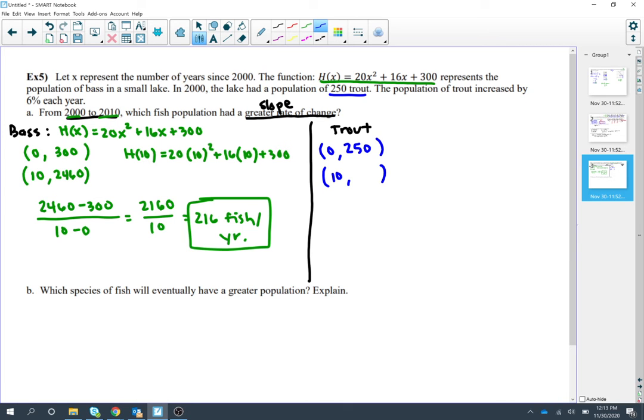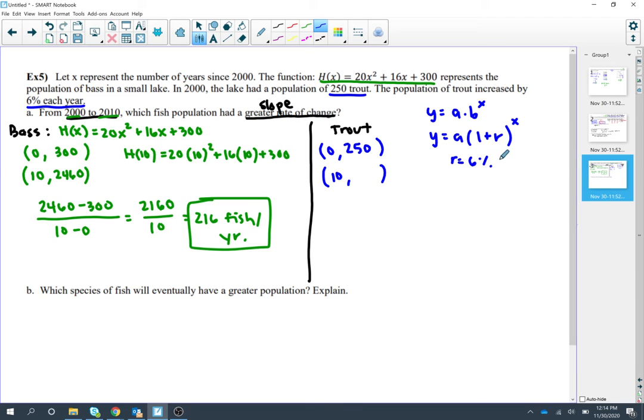And if you're looking at 6%, I know that this is exponential. So 6%, y equals a times b to the x. Another formula you might remember from secondary 1 is y equals a times 1 plus r to the x power. That's exponential growth. R is your rate, and your rate here is 6%.